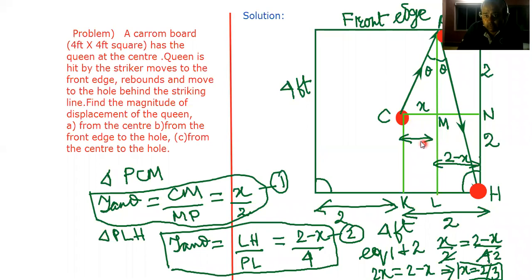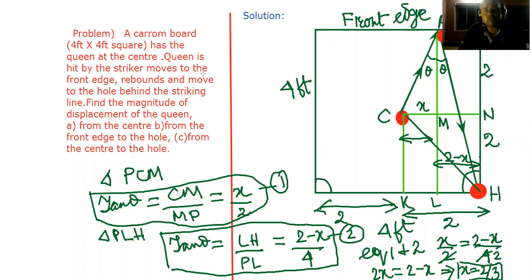If I quickly draw a line over here, it will be something like this. So basically, this is the part we have to find out. Is it clear to all of you? That means we need to find out the value of CH.